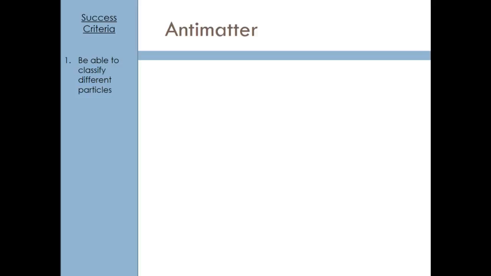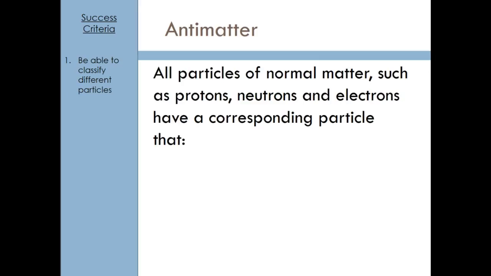Right, the next thing we need to talk about is antimatter, which I briefly touched on. Antimatter is just the opposite of matter, basically. So every particle of matter has a corresponding particle of antimatter. And these particles of antimatter have got the same mass as the matter particle.